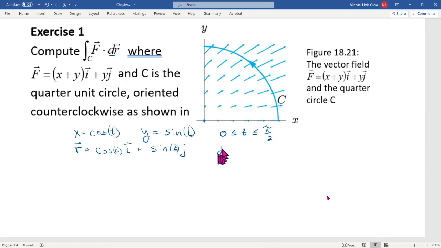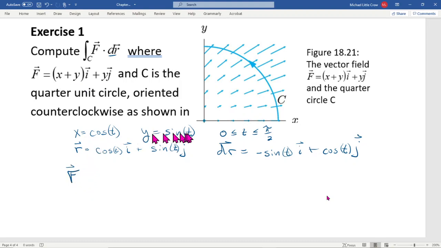So dr, derivative of cosine is minus sine of t, i, and derivative of sine is cosine. So that's our dr.